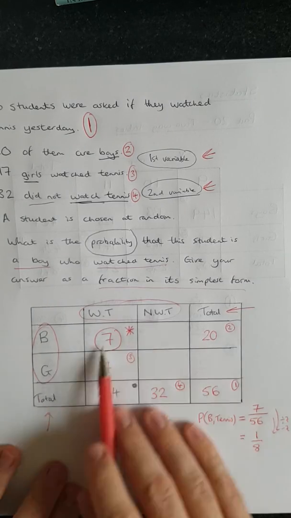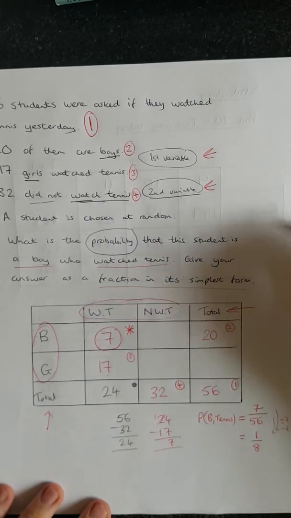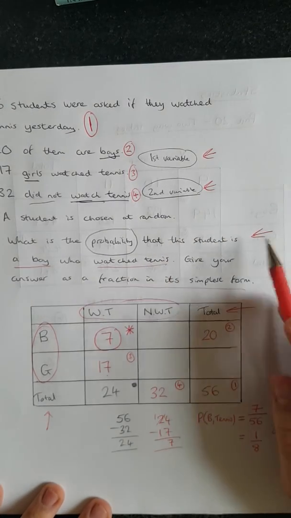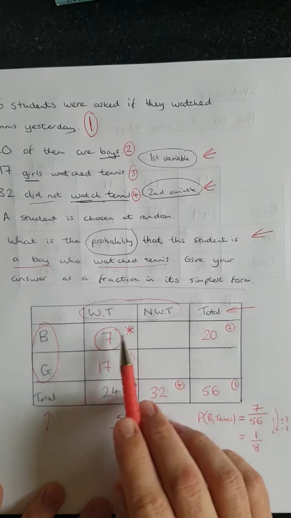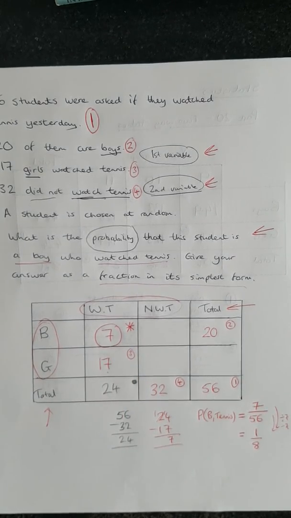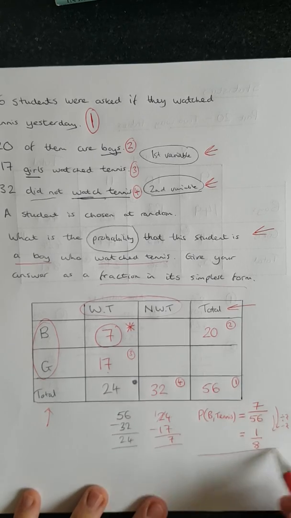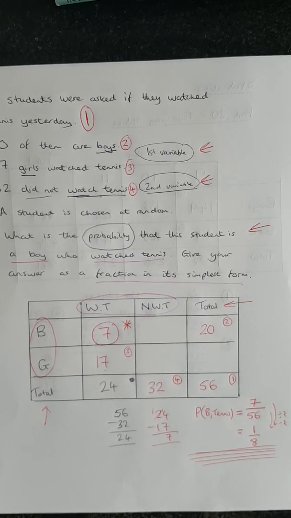And then fill in the information you have. Read the question carefully and work out what it wants. Find that in the quickest way by doing as few calculations as possible, and then reread the question and make sure you've answered in the correct format. Okay, I think you're ready to practice now. Good luck.